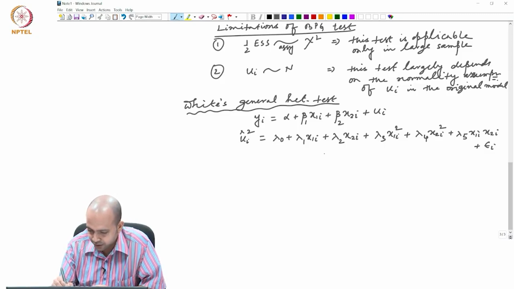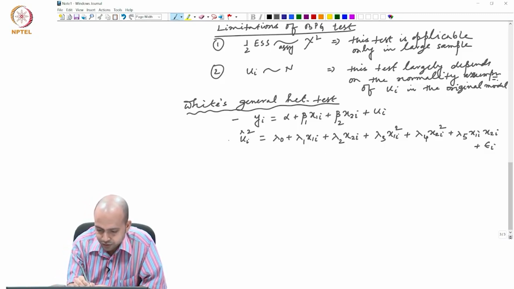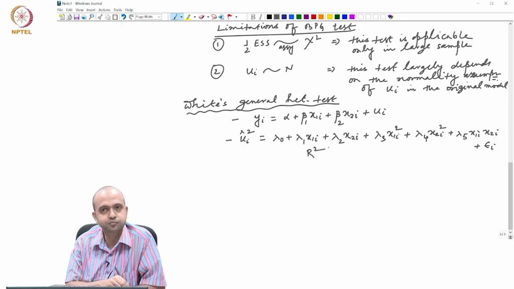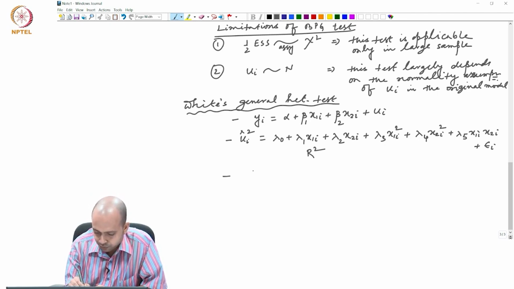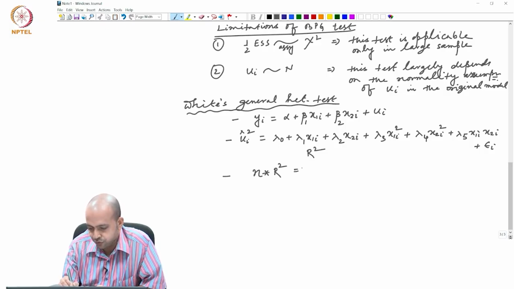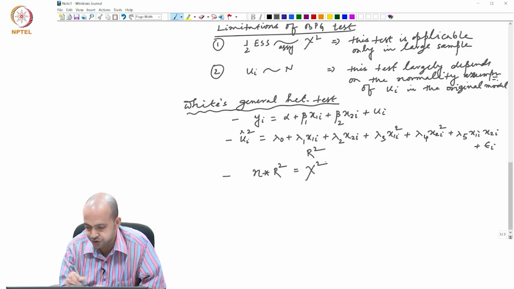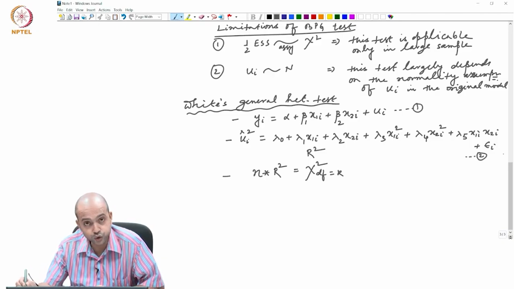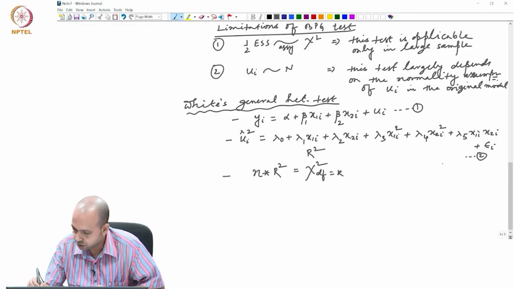This is step 1, this is step 2, and then from here you get R square. In step 3, if you multiply this R square by n, that will follow a chi-square distribution with degrees of freedom equal to k. This is equation 1, this is equation 2, which is also known as the auxiliary regression.